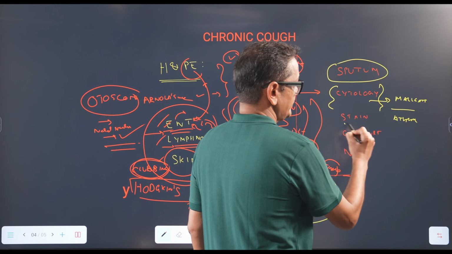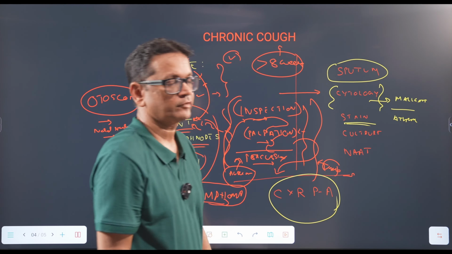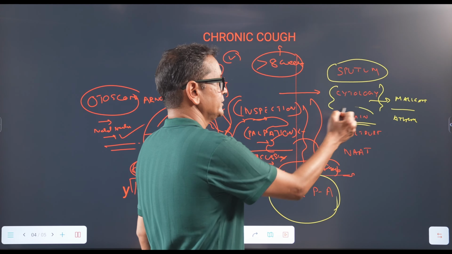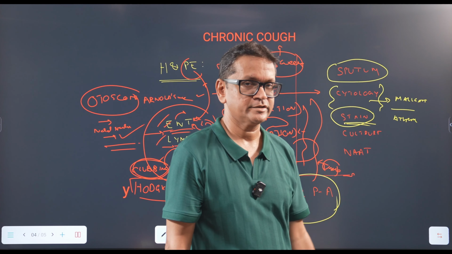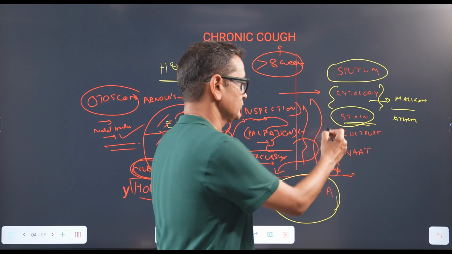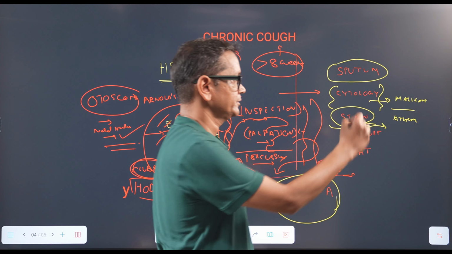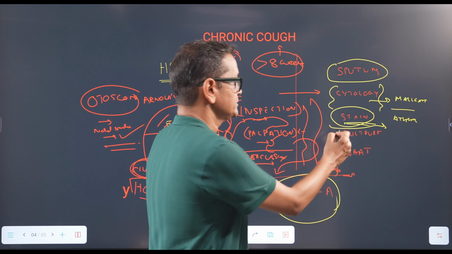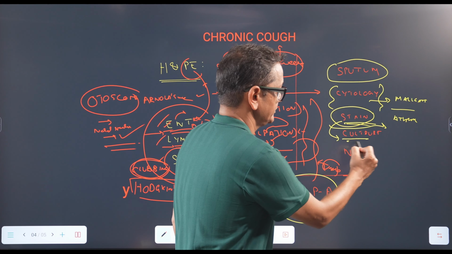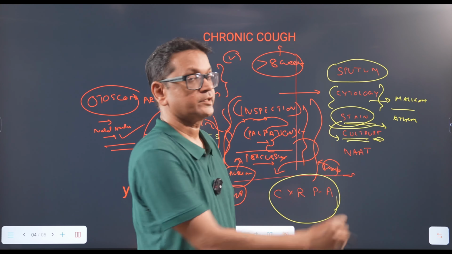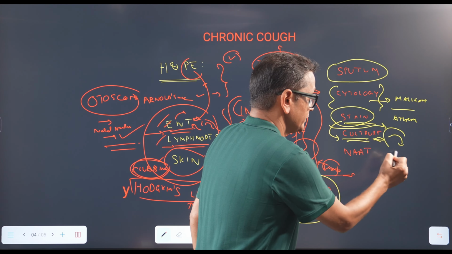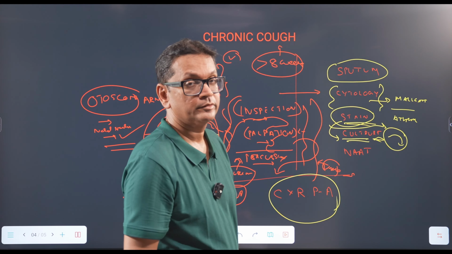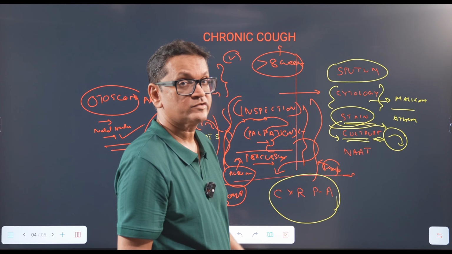In the setting of typical community acquired pneumonia or hospital acquired pneumonias, we are going to stain either with a classical gram stain or other specialist stains like AFB stain in our country. Second one is sending for cultures depending upon the clinical picture. But notoriously for mycobacteria, it will take a lot of time, months together. Sometimes they may not grow at all.